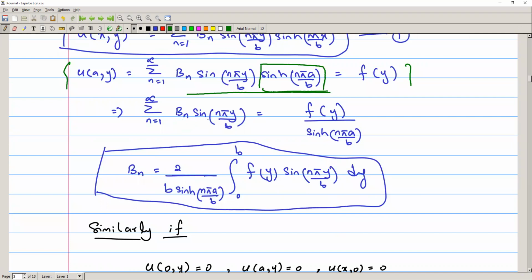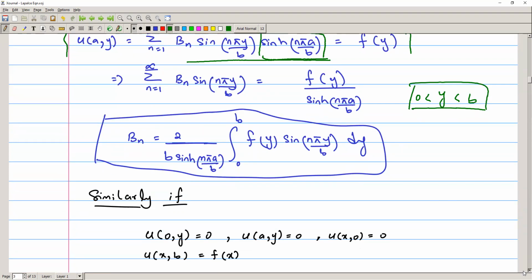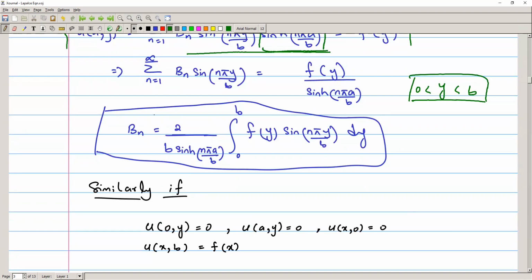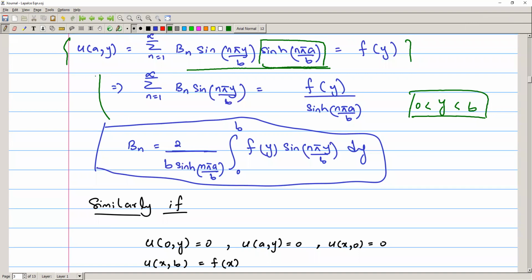So sigma bn sine n pi y over b equals f of y over sine hyperbolic n pi a over b. And now we can find bn by using the Fourier series from 0 to b, where y is from 0 to b. So this is the idea, and we will find bn and plug it into the original equation, then we will get the particular solution.